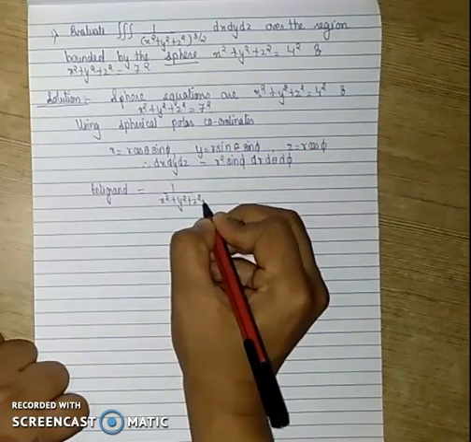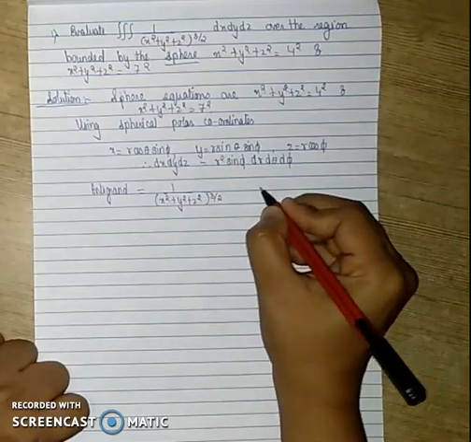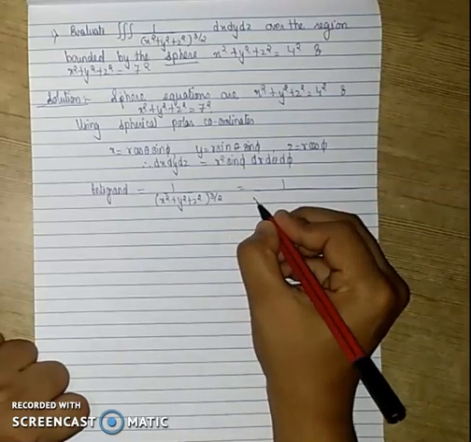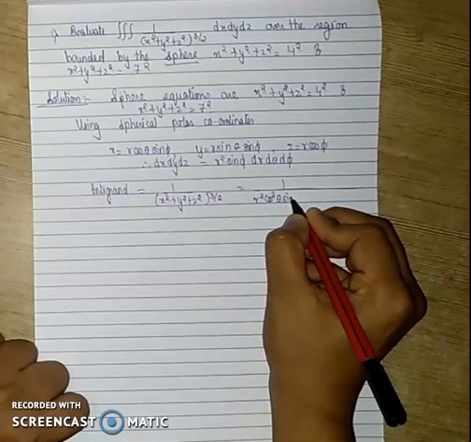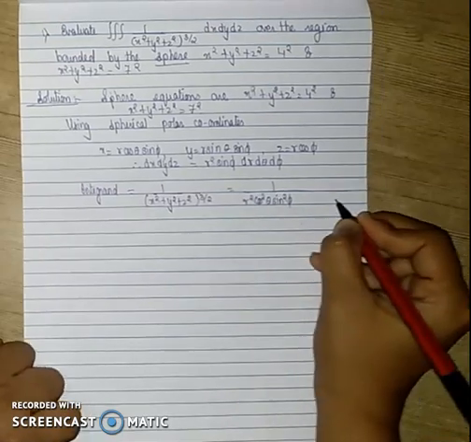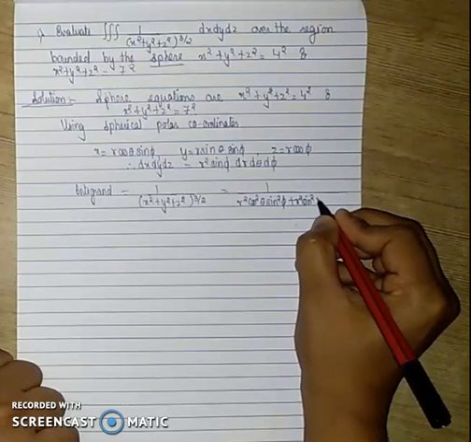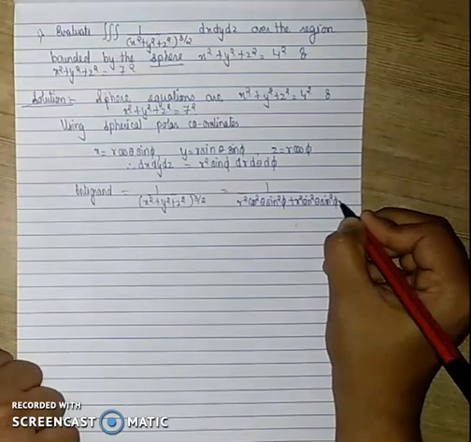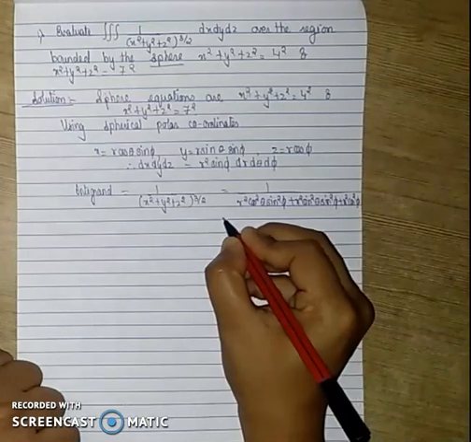The given integrand is 1 upon (x square plus y square plus z square) the whole raised to 3 by 2. We'll replace x square with r square cos square theta sin square phi, y square with r square sin square theta sin square phi, and z square with r square cos square phi.